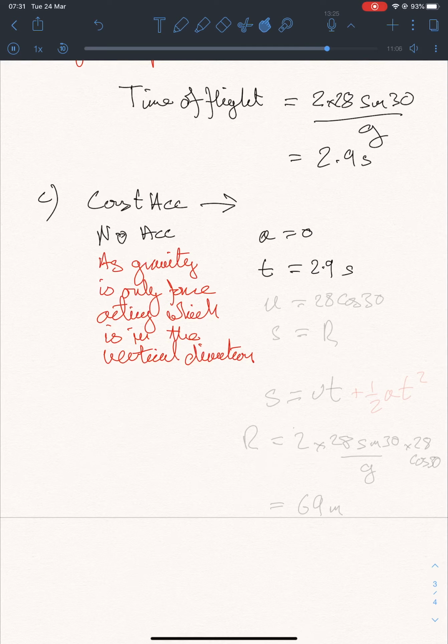U is constant, and if we go back to our diagram, the horizontal speed is 28 cos 30. So U is 28 cos 30, and we want the distance S, which we can call R for the range.